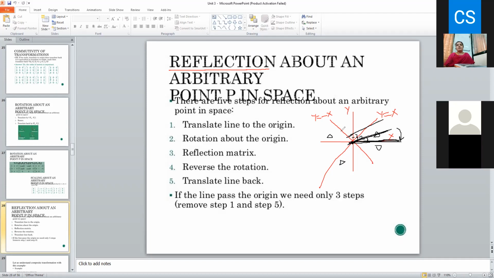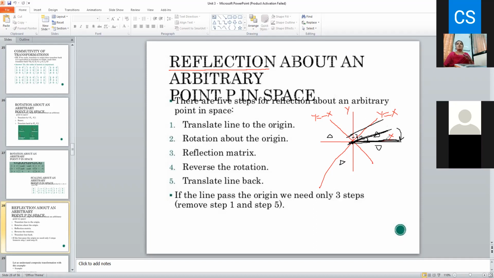Right? So the first step was translating the line so that it will pass through the origin. That is the translate operation. Second is rotating the line so that it will coincide on any of the coordinate axes. That is rotation. And third is, now as it is coinciding on the coordinate axis, you can carry out the reflection. So that is your third step. And once the reflection is done, our purpose is over.